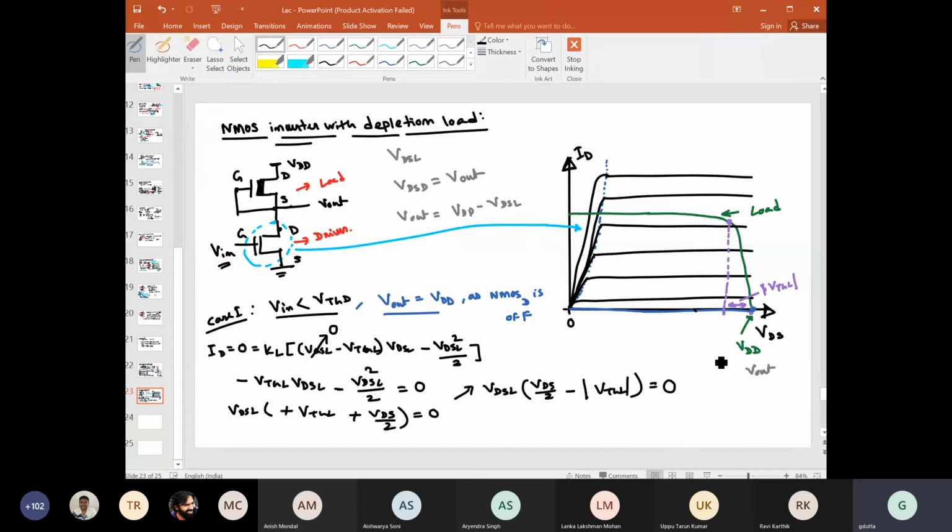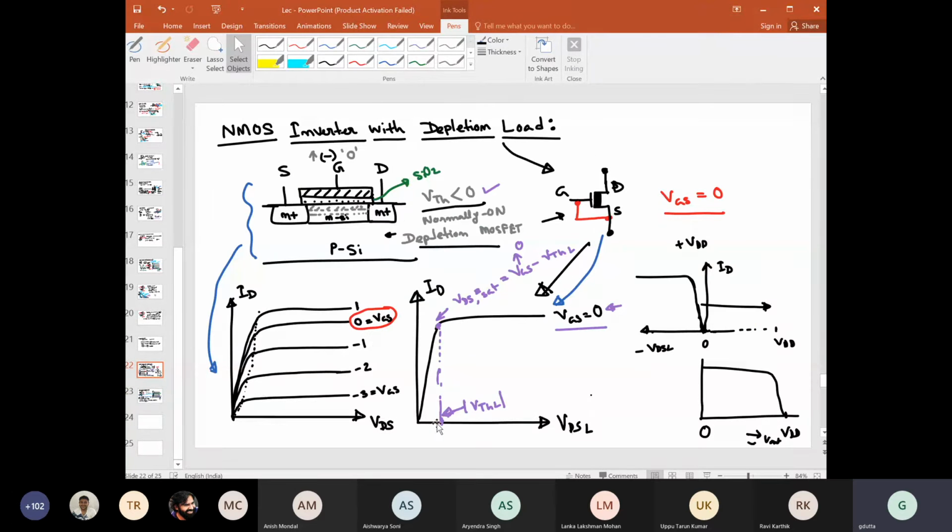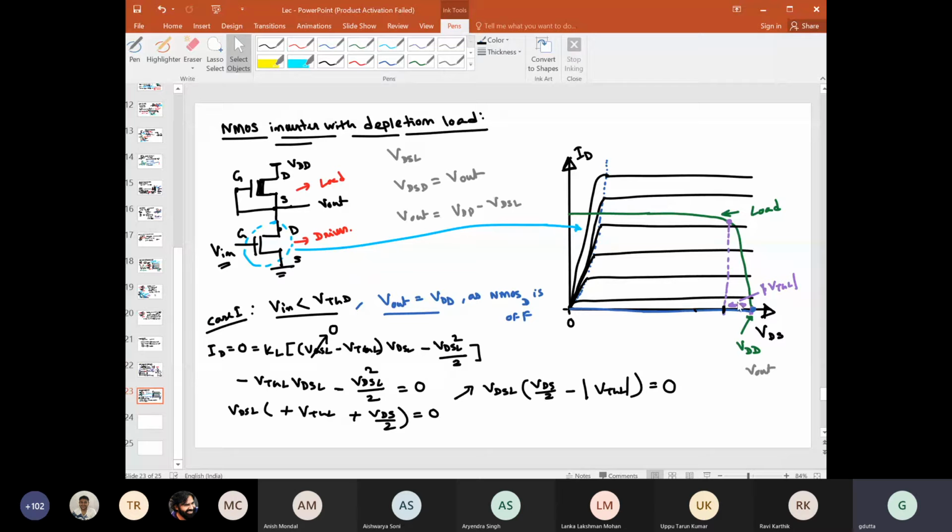Now if you see this region, we are now considering this region. In this region, VDS is always less than the modulus of VTHL. So it is not possible that VDS by 2 minus VTHL will be equal to 0.